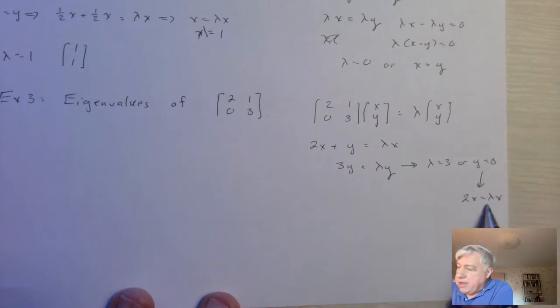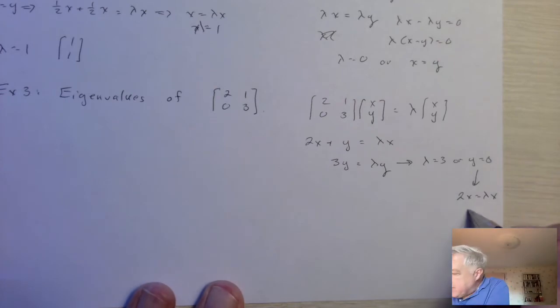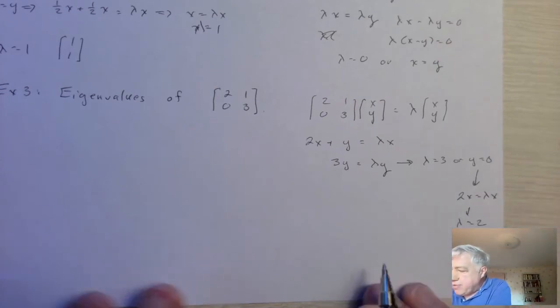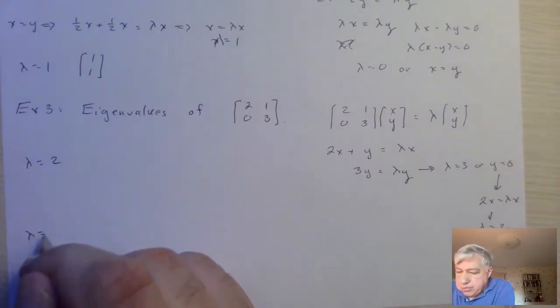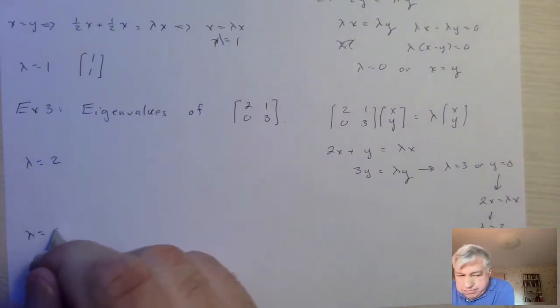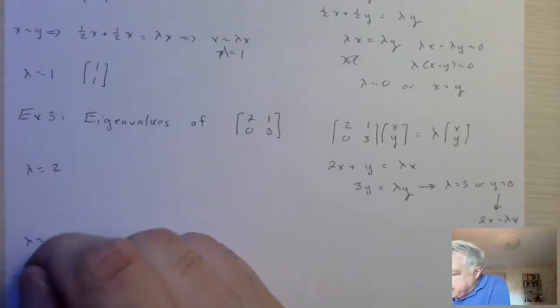So either lambda equals 2 or x equals 0, but x and y can't both equal 0, because we want an eigenvector, so this means that lambda equals 2. So the eigenvalues are going to be lambda equals 2 and lambda equals 3.